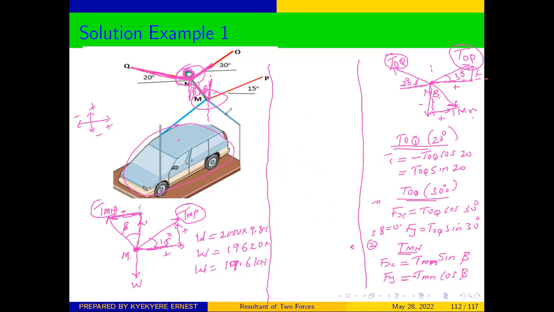Our equilibrium equation is going to be, we are going to sum all of our x components. So sum of x is equal to 0, and we are taking movement to the right as positive.